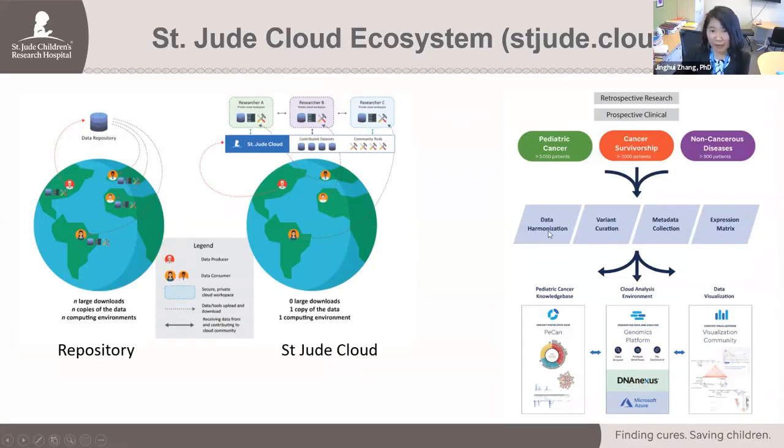We perform data harmonization, curation, and metadata collection, and the data is shared across three different platforms. One is a Genomics Platform. This is a platform that allows users to access raw data and run analysis. I want to mention this platform was developed in collaboration with DNA Nexus, which ensures safe cloud-based genomic data storage, and also Microsoft Azure.